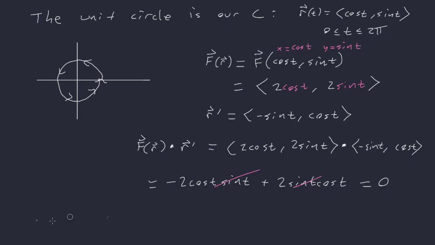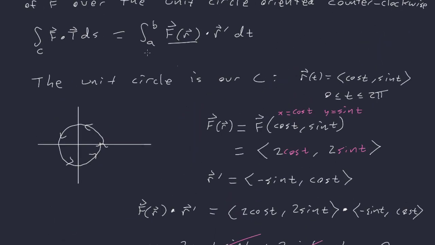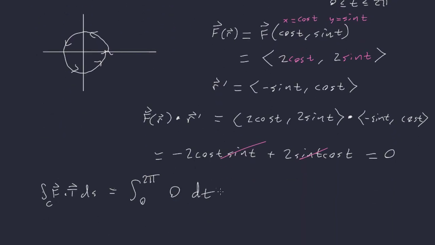So our line integral F dot T ds is now the integral from 0 to 2 pi of 0 dt. That's what this thing ends up being. Well, the definite integral of 0 is 0.